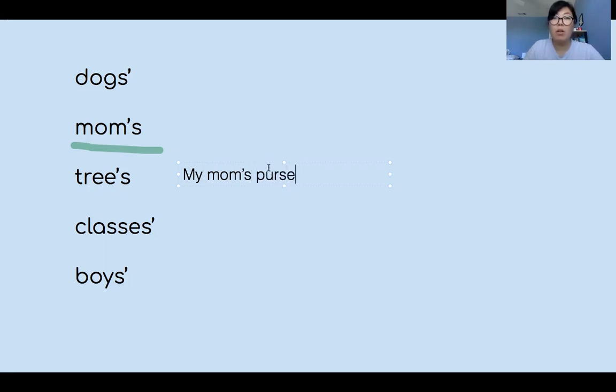This purse belongs to your mom. That's why we use apostrophe s to show the ownership. Who's the owner of the purse? My mom's purse is red and big. The apostrophe s is a possessive. It shows that the mom is the owner of the purse.